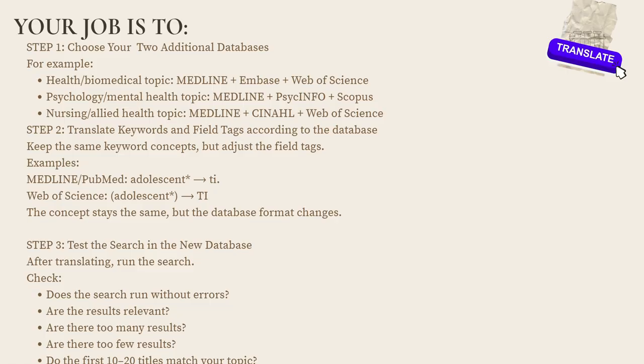And the second step is knowing how the terminologies work in the additional databases that you selected. So you have to learn about database-specific formatting that changes according to the database, like the field tags or sometimes keywords, but it's not the case that you always have to change your keyword concepts.